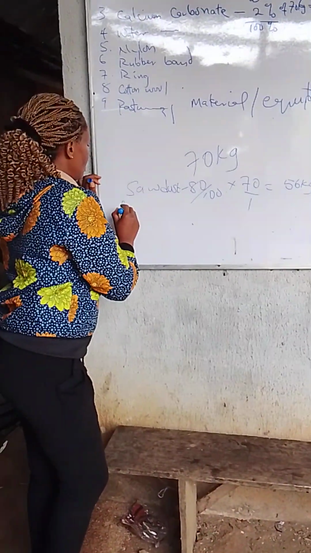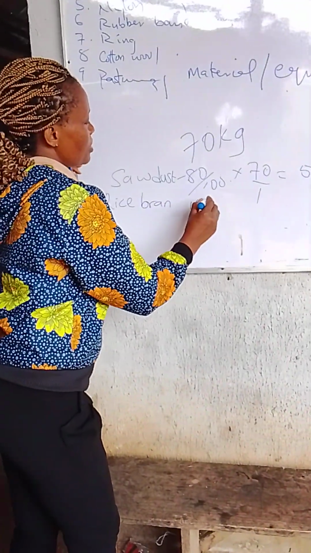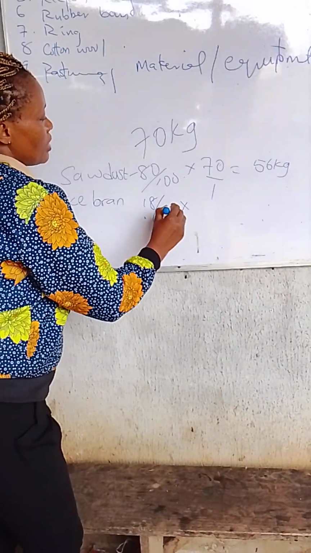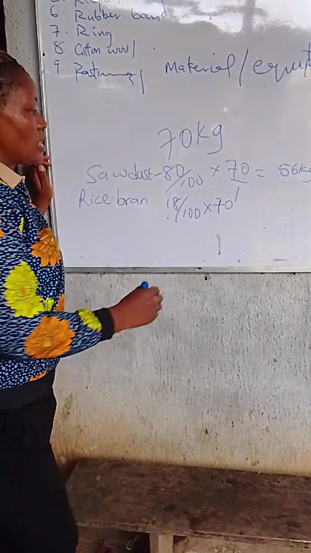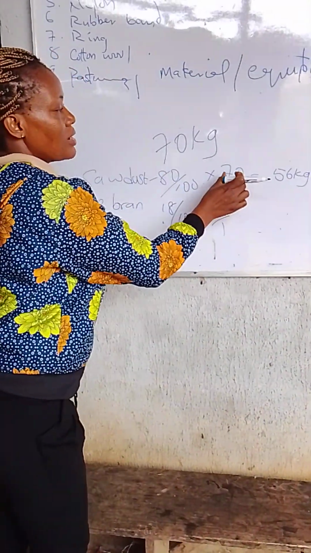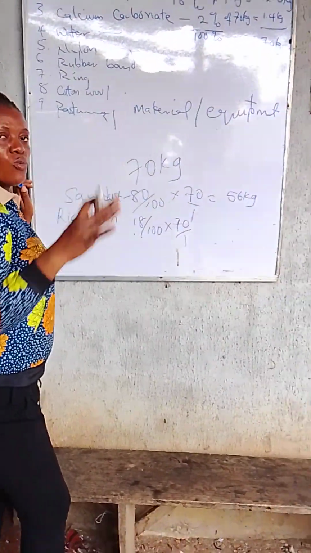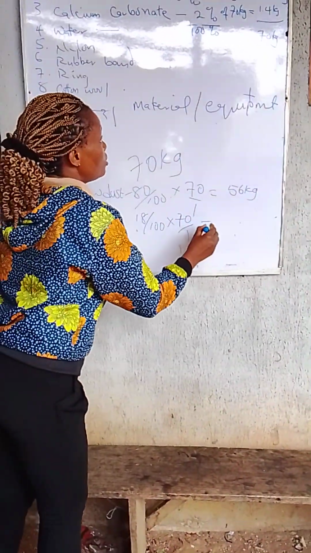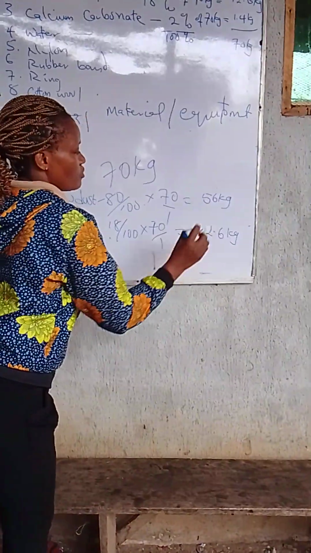For the rice bran, you find 18% of it. That is 18 over 100 times 70 over 1. Remember, this 70 is our dry matter, the total weight of what we want to work on. When you do it, you are going to get 12.6 kg of rice bran.